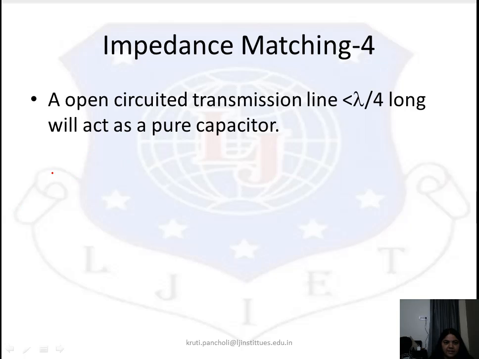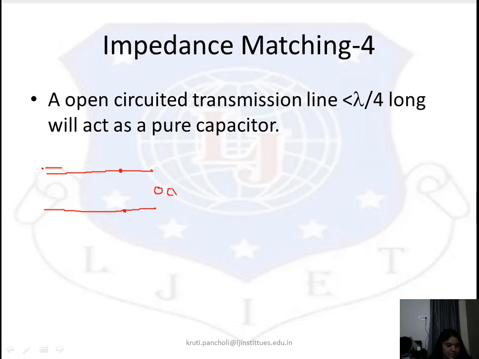So now this is my line. Okay, it is the two parallel conductors, that's a transmission line. It's open circuited. Okay, these are the 2 points in my transmission line.